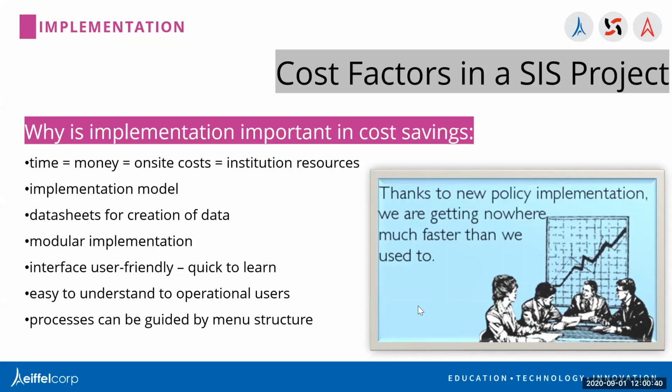Academia uses a friendly interface, which is quick to learn and which is a known look and feel for the end user. So it is not a scary experience for new users that start to use the system. It's also easy to understand the system from an operational user side. There's many factors that help the end user to understand the system easier, like your menu structure that's divided into groupings of options, and it shows you in an easy way how to guide through the system.